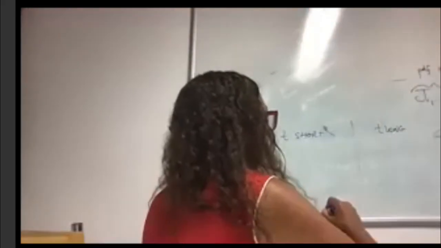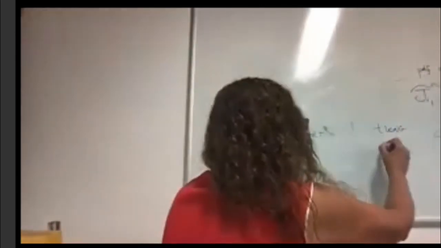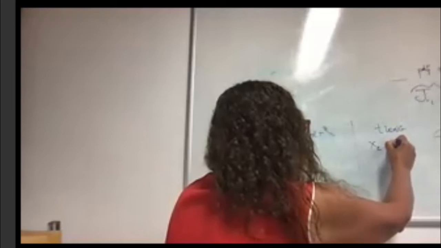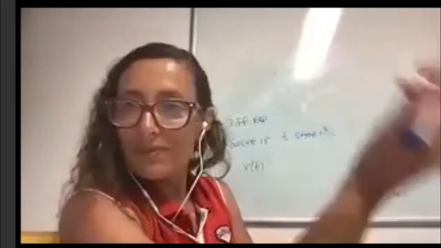And then for t long, you cannot solve it exactly, but you make some approximation that gives you many solutions: x1 of t, xn of t, let's say even a set of solutions parameterized by some continuous parameter.